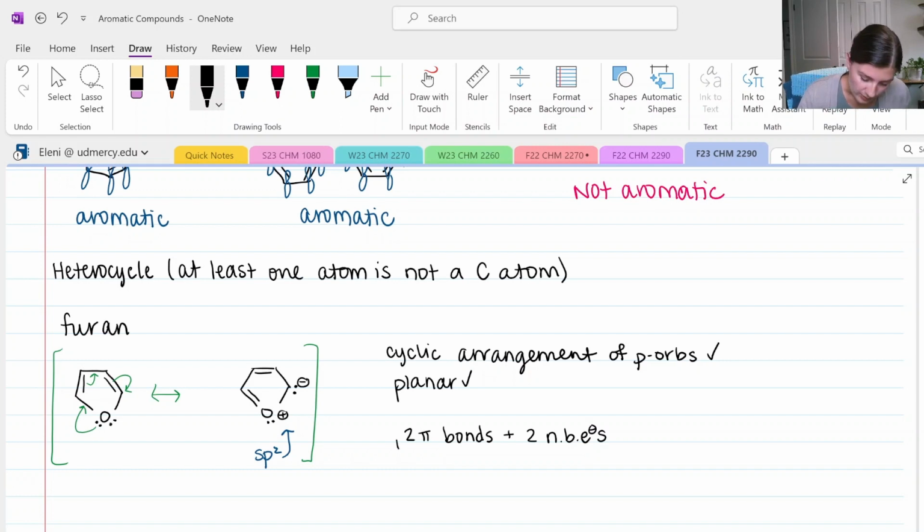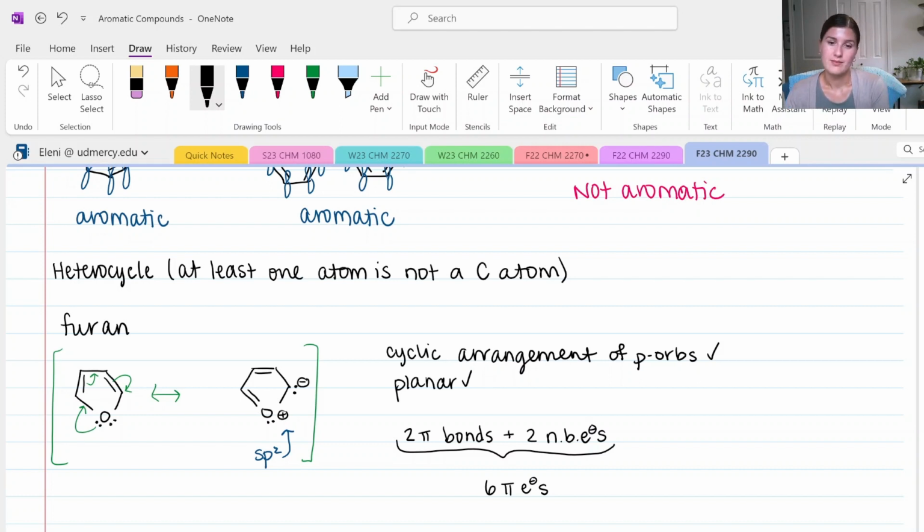So in total, we have 2 electrons per pi bond, so that's 4, plus the 2 non-bonding electrons. That's 6 pi electrons in this ring that can resonate throughout the ring.